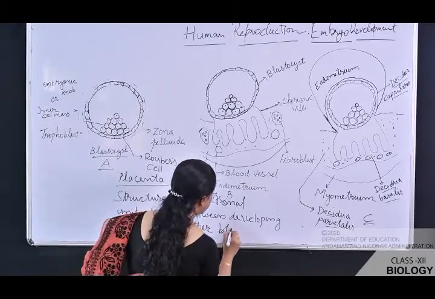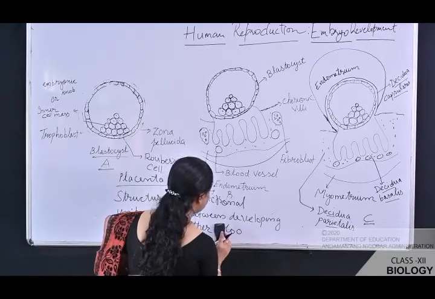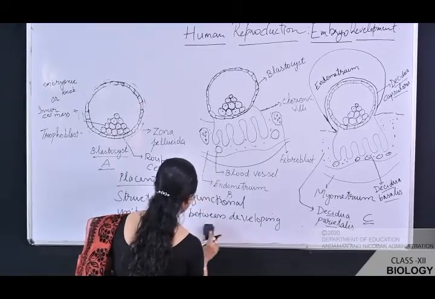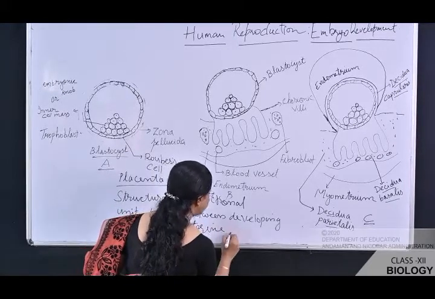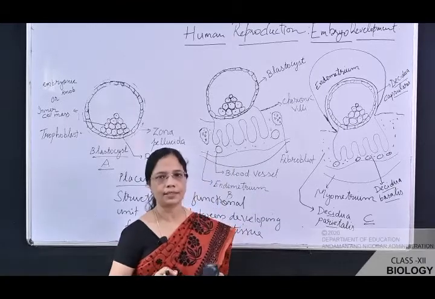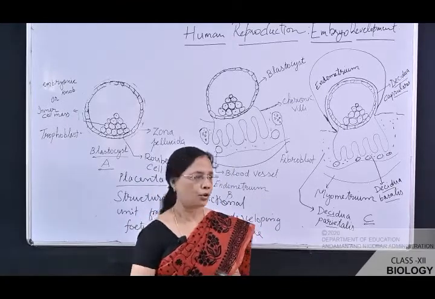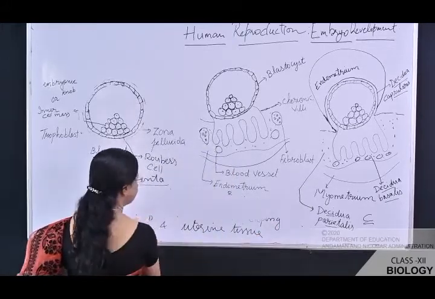Mother's blood, or you can say the uterine tissue, that is known as the placenta. Okay, so how is the placenta formed? Let us see how the placentas are formed.